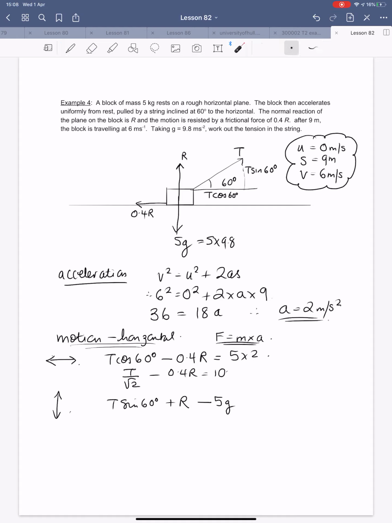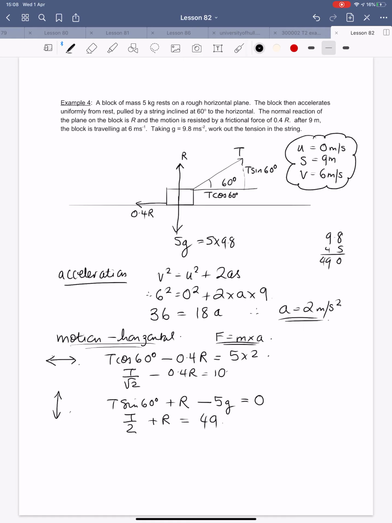So it's that upwards one, plus that one, minus 5G, equals 0. So sine 60 is a half, so T over 2 plus R is 5 times G. 9.8 times 5 is 49.